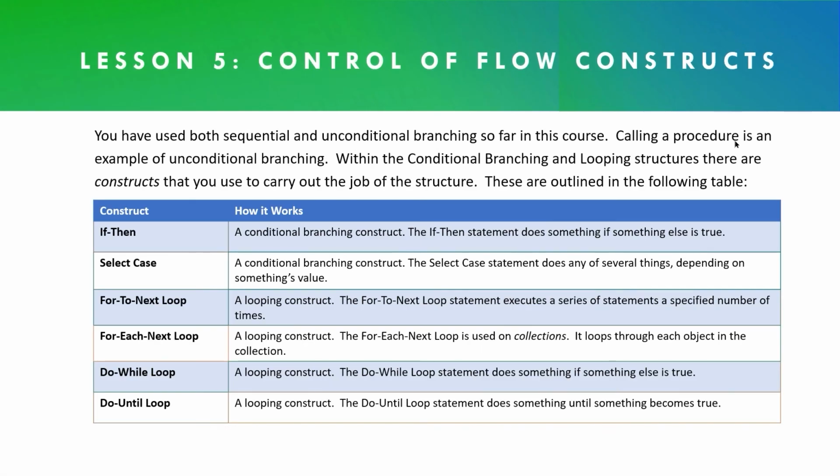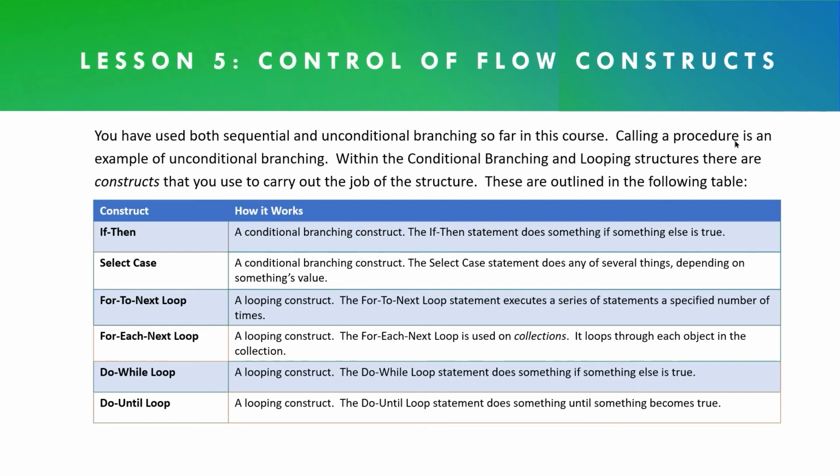So we just used our conditional branching constructs, all variations of the if-then construct, and the select case construct. Now we're going to get into our looping constructs. We have the for to next loop, which executes a series of statements a specified number of times.